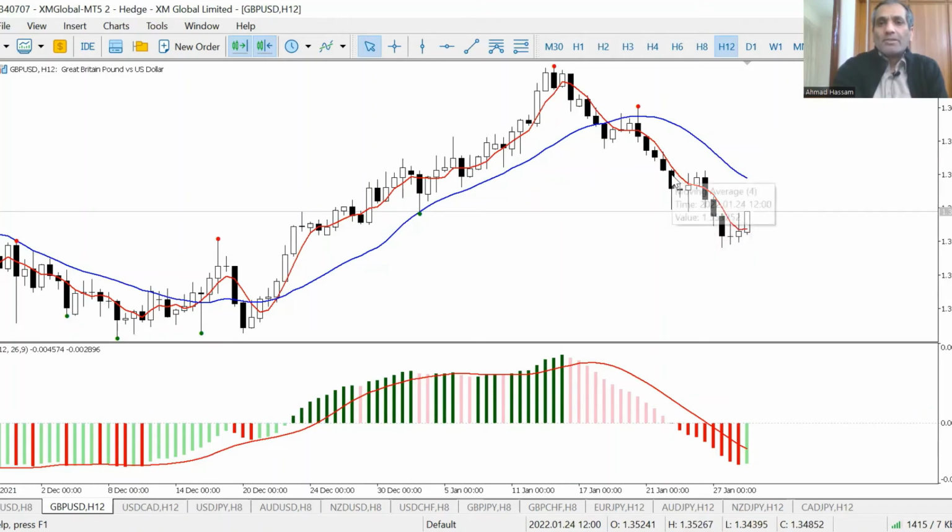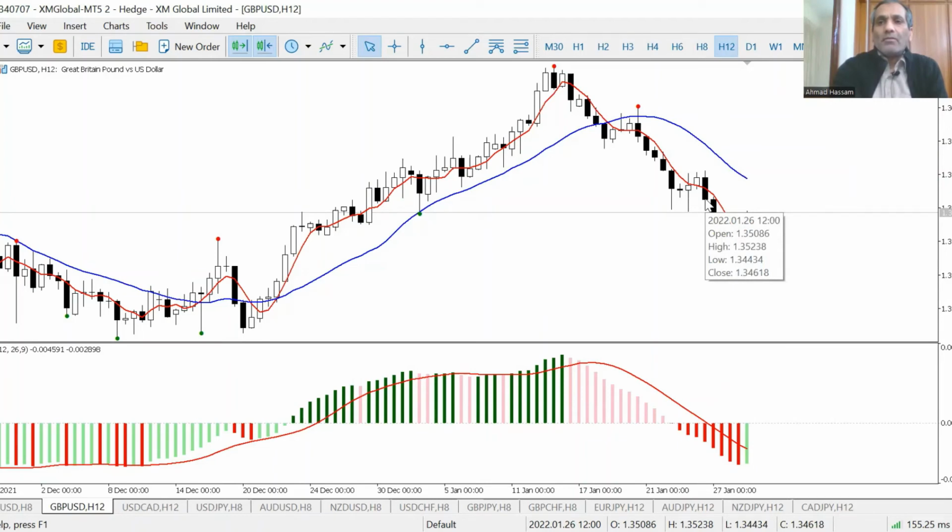This is that resistance level, the high of this candle, 1.35267. If you enter a pending order with a 10 pip stop loss, you could have easily captured this move. The price went to 1.35238. It could have easily been filled, and it went down to 1.33570.